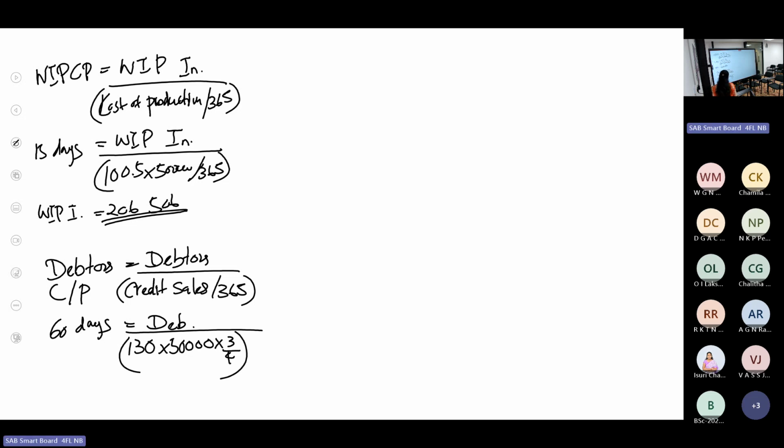This is the amount for the credit sales, right? 75% is only the credit sales. Others, one quarter, is cash. Then divide by 365.